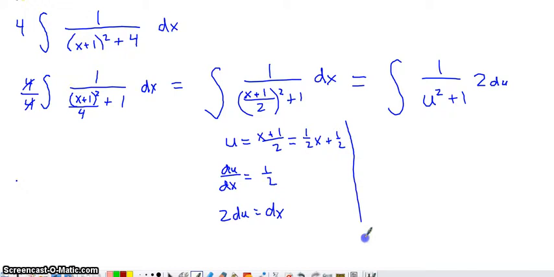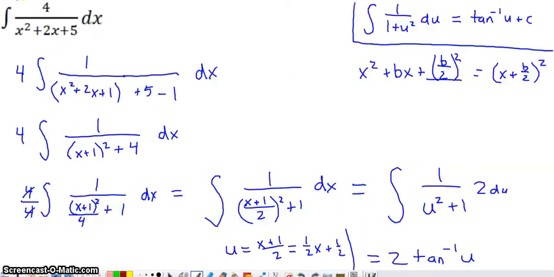And now we're ready to go ahead and take our antiderivative. The 2 can factor out in front of the integral. And then what's the antiderivative of 1 over u squared plus 1? Well, all video long so far, I've been referring to that formula that gives you a result of inverse tangent. If we go back up and show it real fast, the integral of 1 over 1 plus u squared with respect to u is going to be the inverse tangent of u plus a constant c.